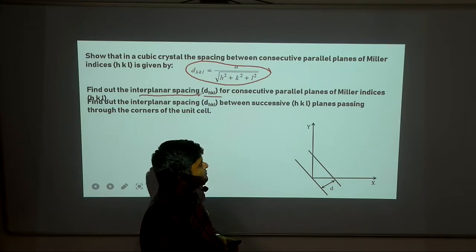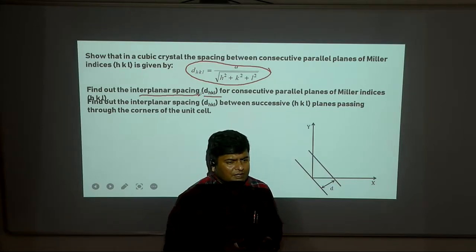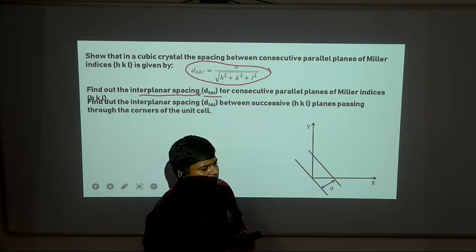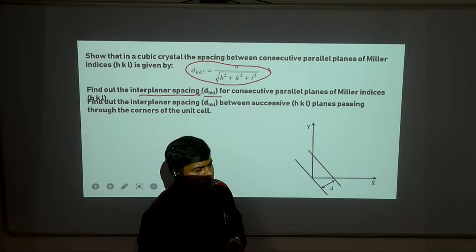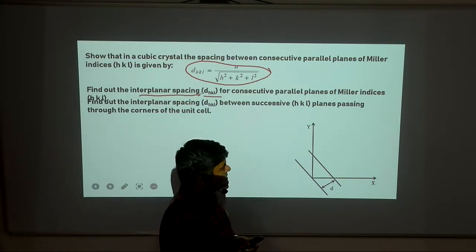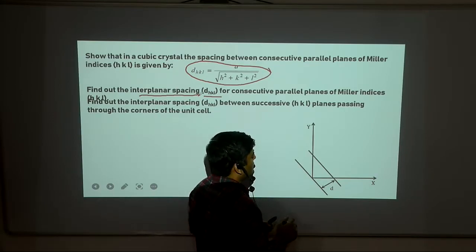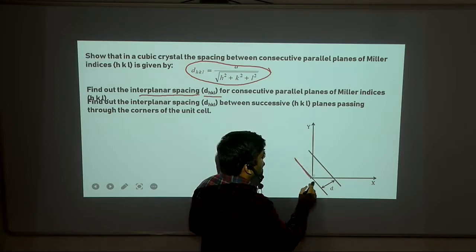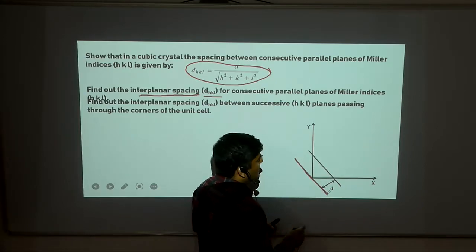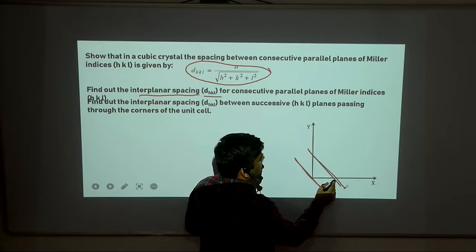In order to find the interplanar spacing we must know the set of parallel planes. The set of parallel planes is considered in such a way that one plane passes through the origin and another is parallel to it, separated by a certain distance d.